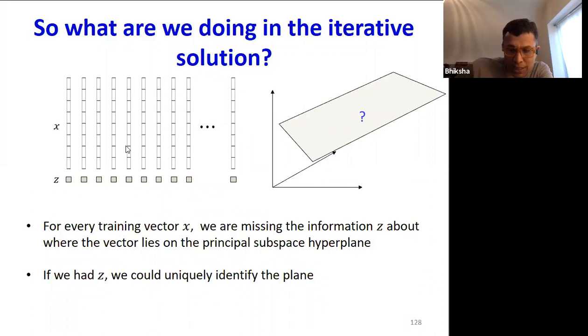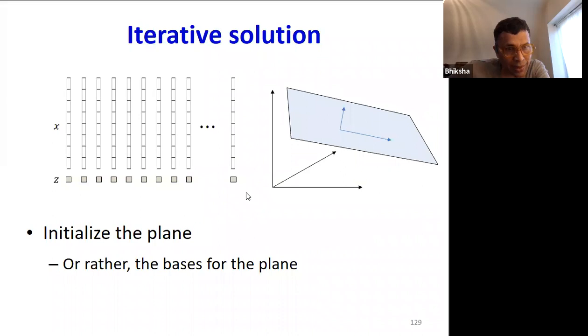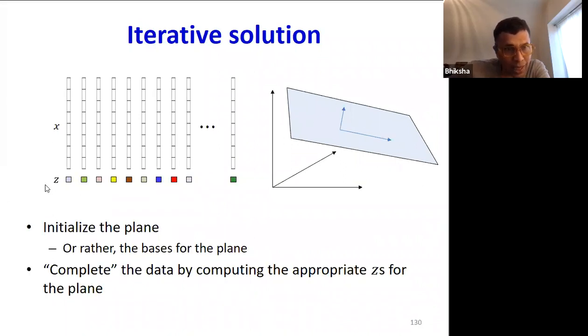To see this, let's go back and look at what we were actually doing when we performed PCA. I had all of these vectors. And if I knew the position on the plane, the projection on the plane for each of these vectors, then I could find the plane. But I don't know it. So what we do is we initialize the plane, or rather the basis for the plane, and then we find the position on the plane for each of the vectors.